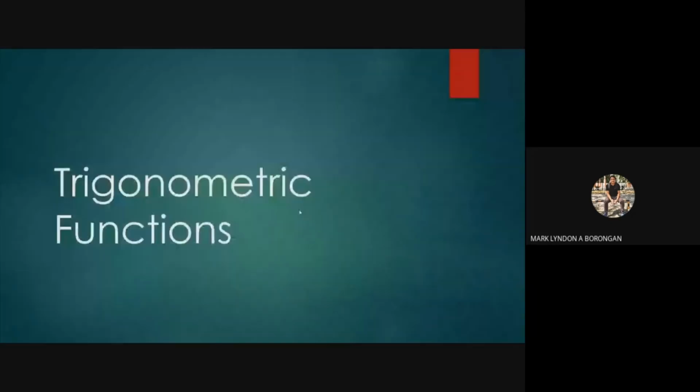We have trigonometric functions: the solutions of trigonometric equations. Any equation that involves a trigonometric expression is called a trigonometric equation. Recall that a solution or a root of an equation is a number in the domain of the equation that, when substituted to the variable, makes the equation true.